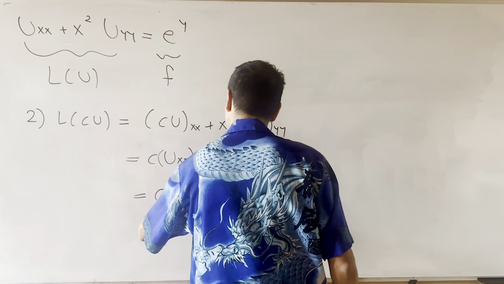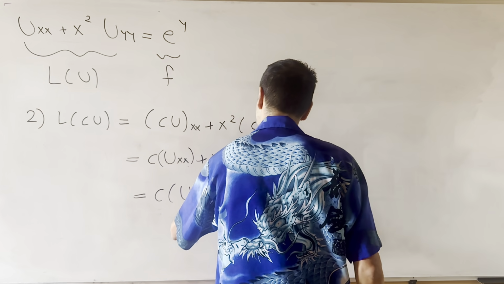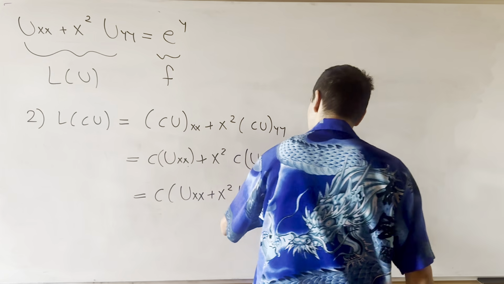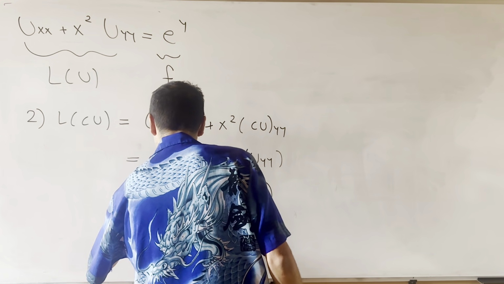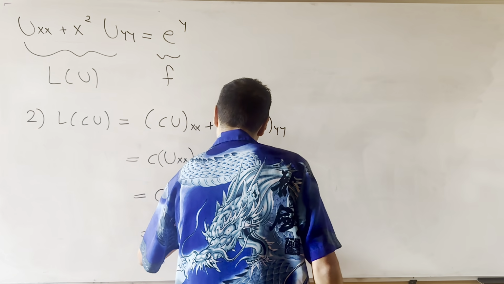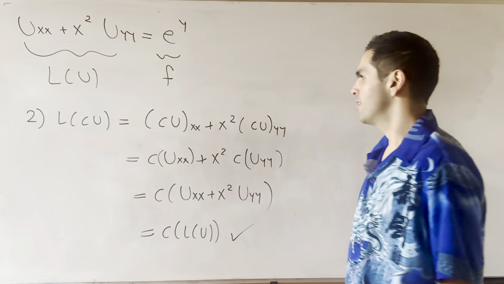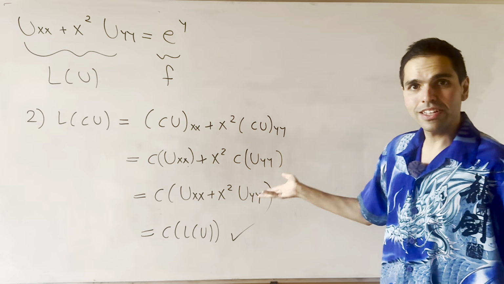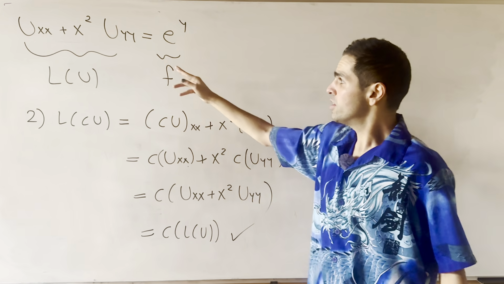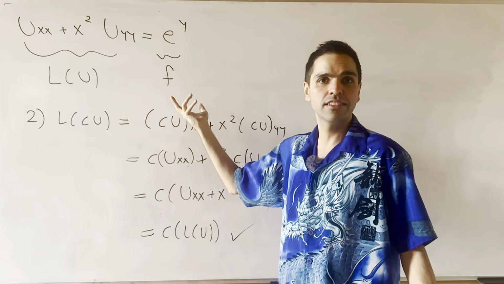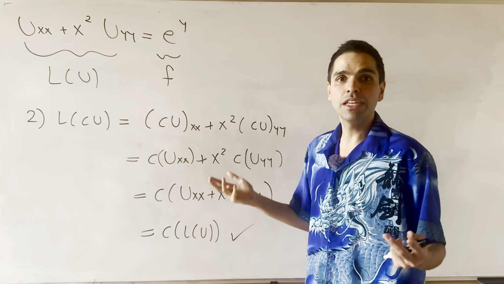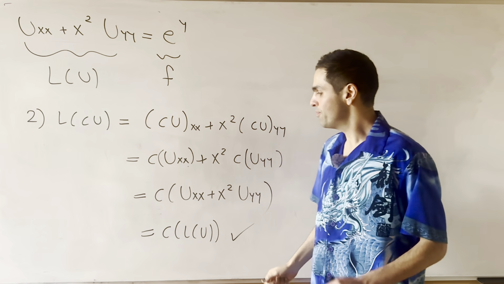So it's c times (u_xx plus x squared u_yy). But that's precisely c L of u. And therefore, once again, L is linear, so we have a PDE of the form L u equals f, where L is linear, and therefore the PDE is linear by definition.